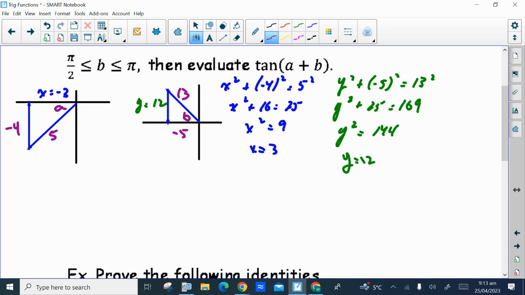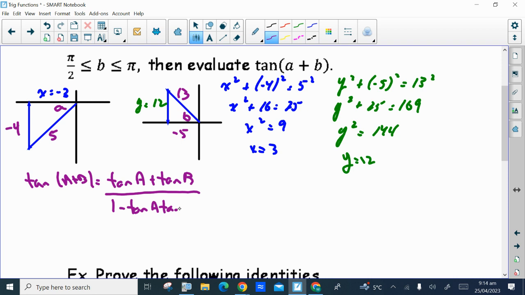So the tangent of A plus B equals tan A plus tan B over 1 minus tan A times tan B. So the tangent of A, opposite over adjacent, would be negative 4 over negative 3, 4/3, plus tangent of B, opposite over adjacent, would be 12 over negative 5, or negative 12/5. And that's all over 1 minus the product of those two values.